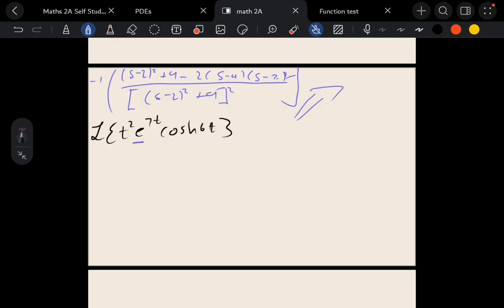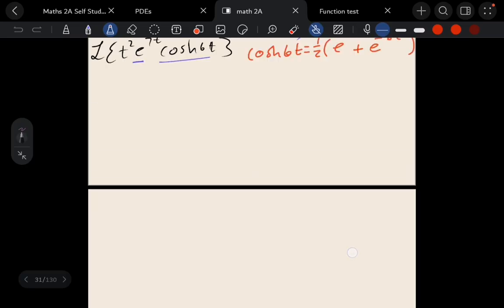The second thing is that whenever you have three functions and you still have cos, you need to change cos to e's. So this thing is going to be 1 over 2 in bracket e to the power 6t plus e to the power negative 6t. So you need to change cos whenever you have three functions.